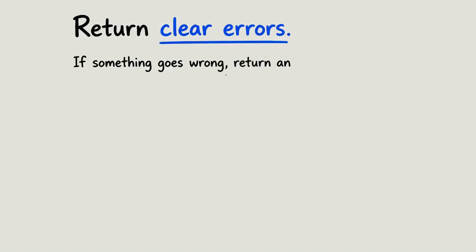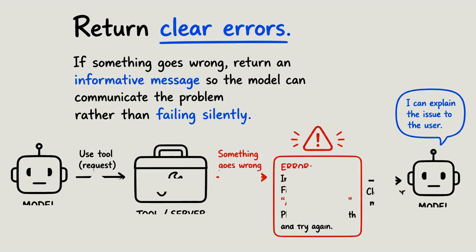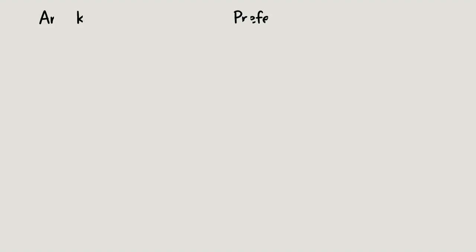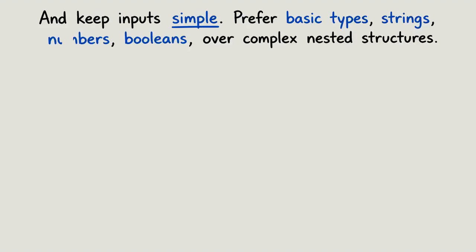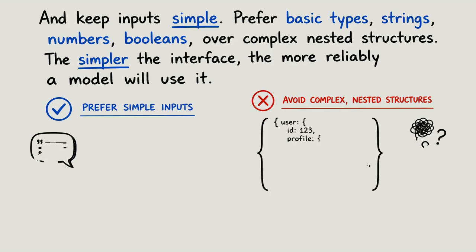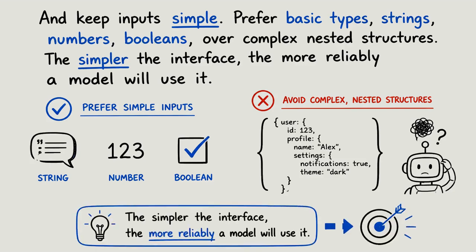Return clear errors. If something goes wrong, return an informative message so the model can communicate the problem rather than failing silently. And keep inputs simple. Prefer basic types, strings, numbers, booleans, over complex nested structures. The simpler the interface, the more reliably a model will use it.